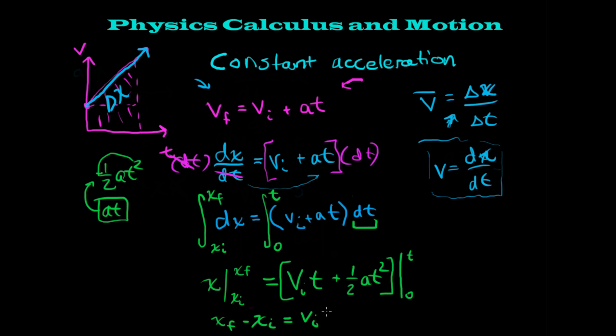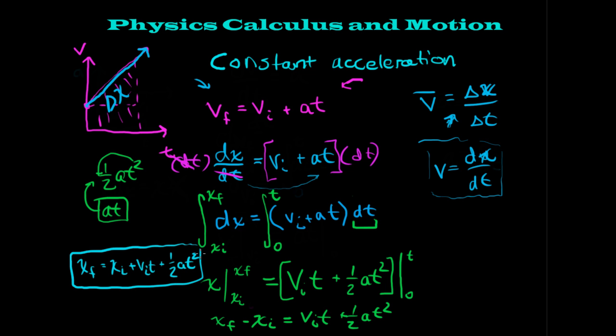So you're left with vit plus 1/2 at squared. Move the initial over. I'll try to write it over here in this little space I have as nicely as I can. We're just moving the initial position over, and we get the final position is equal to the initial position plus the initial velocity times time plus 1/2 at squared. So there's your other kinematic equation.